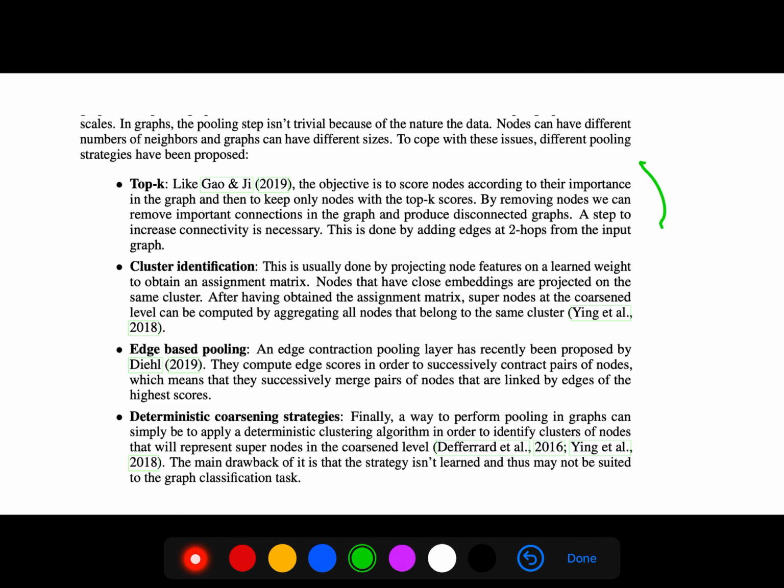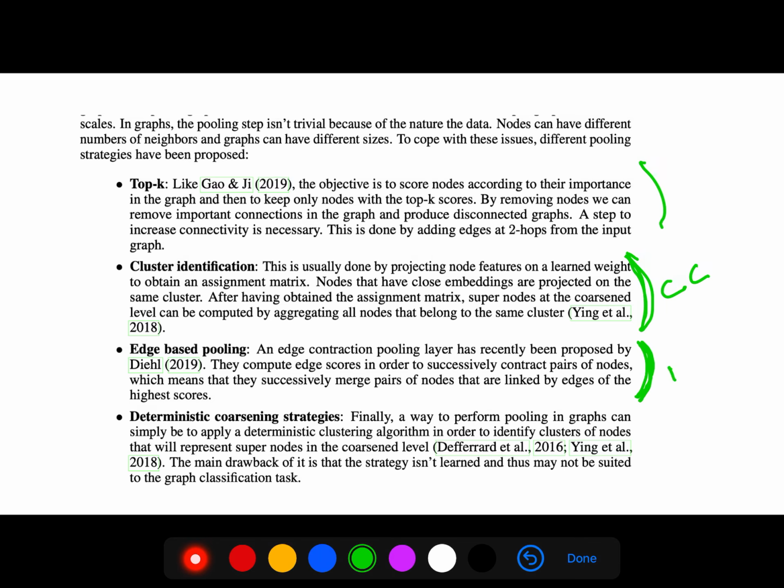For example, top-K cluster identification is good, but has high computational complexity. Edge-based pooling is very simple, but some people criticize this and say they don't fix the number of clusters.